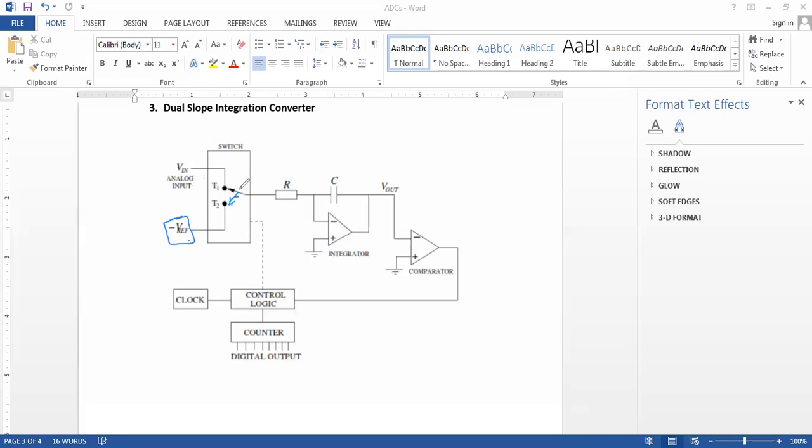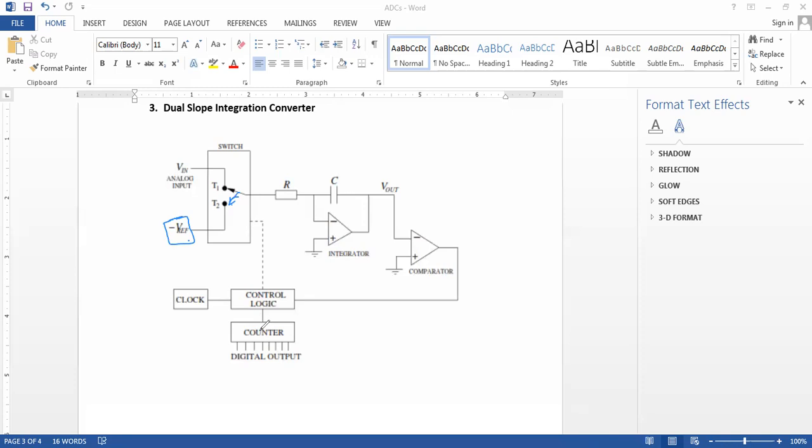And because the reference voltage is the opposite polarity to the analog input, the capacitor is discharging. At the same time, the control logic starts the counter, sends a signal to the counter to start a count.